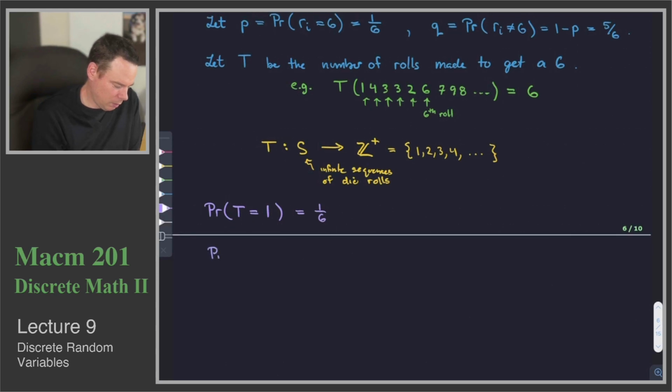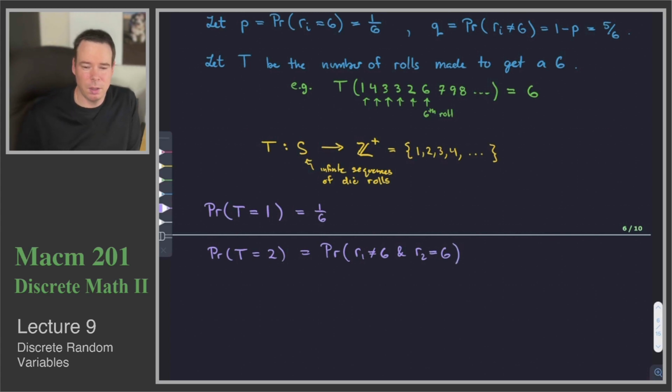What's the probability that T equals 2? In other words, we get a 6 on the second roll of the die. Well, that means we want R1 to not be 6, and we want R2 to be 6. Remember, Ri was just the value of the ith roll.